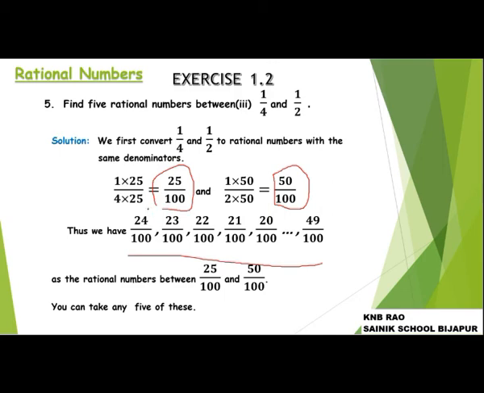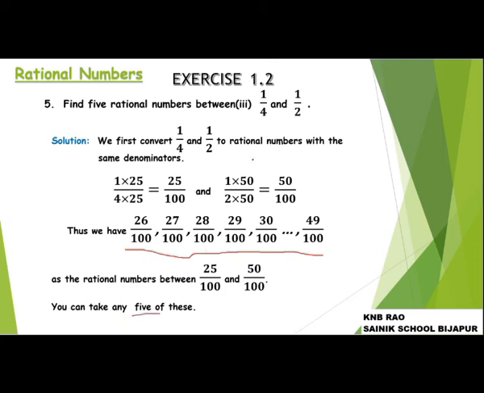Between 25 by 100 and 50 by 100 there are so many numbers, such as 26 by 100, 27 by 100, 28 by 100, 29 by 100, and so on up to 49 by 100. You can choose any 5 of them.